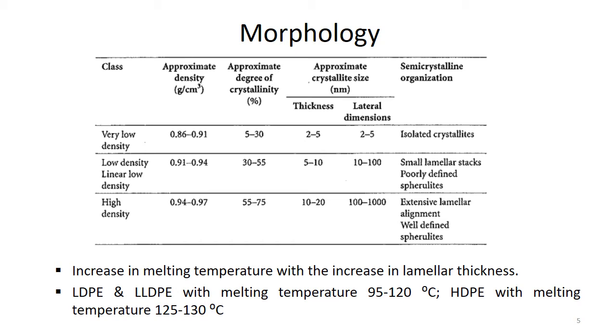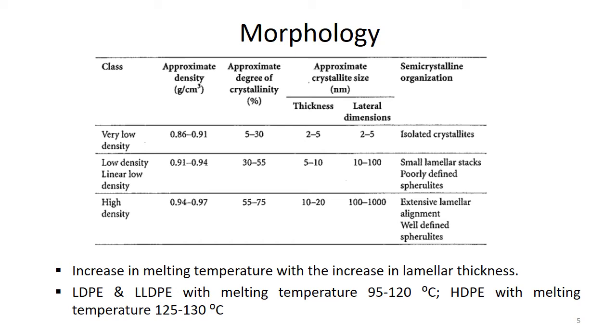But in high density polymer, there are not many branches, so the chains can arrange themselves very well, and the crystallinity is as high as 75% of the bulk polymer. Similarly, they have told us about the thickness and lateral dimensions and how the semi-crystalline organization is done.